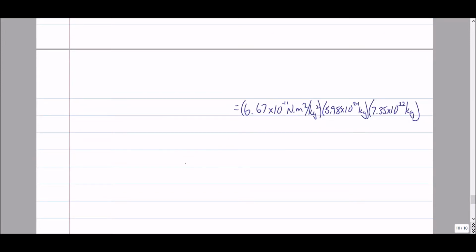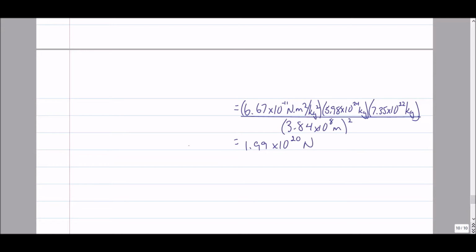I'll multiply this whole product together and divide by the square of that separation distance, which is 3.84 times 10 to the power of 8 meters. It's a considerable distance, but we've got even more considerable masses, and we'll square that. Now I end up with a force that's 1.99 times 10 to the power of 20 newtons.